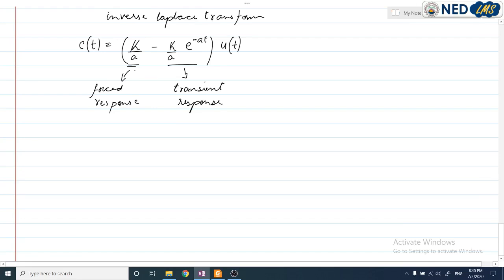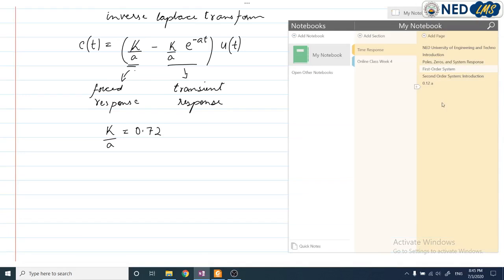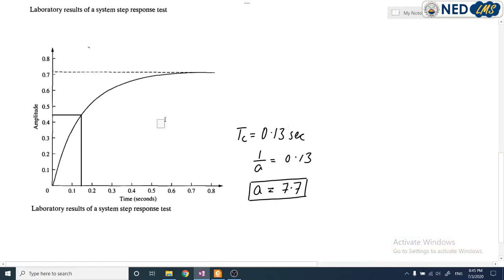So I can write k upon a equals 0.72, because in this step response our final value is 0.72.